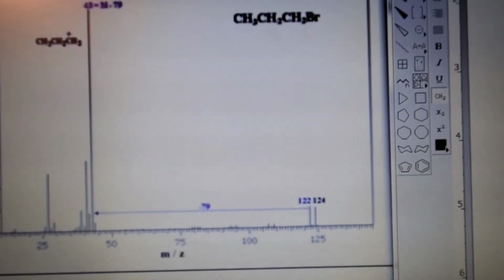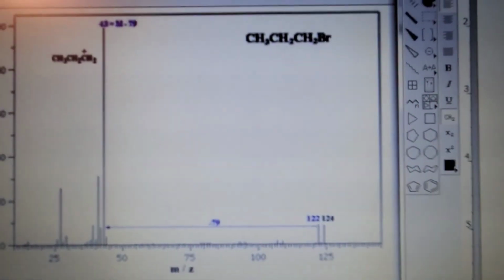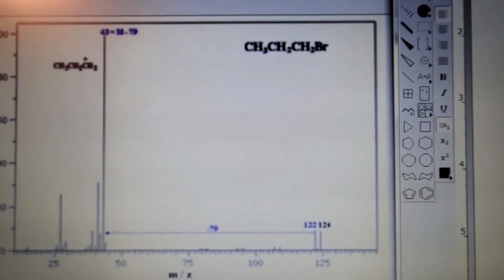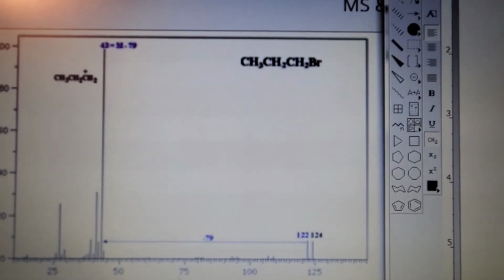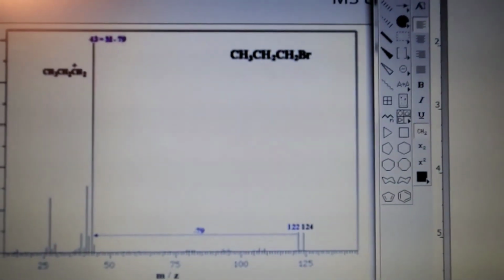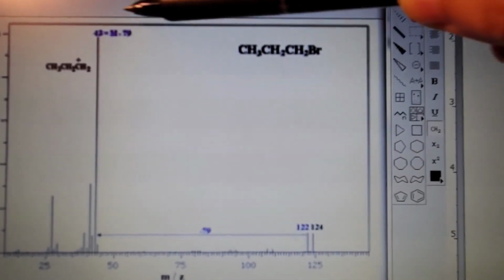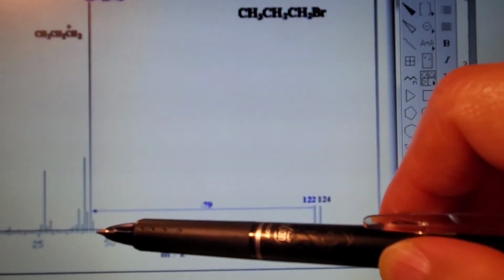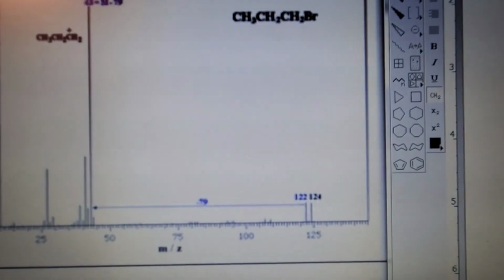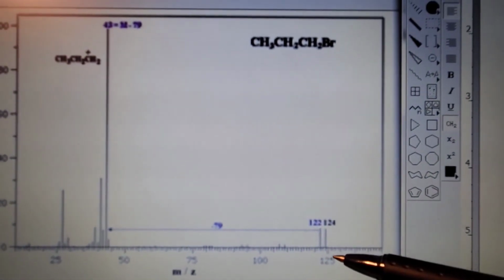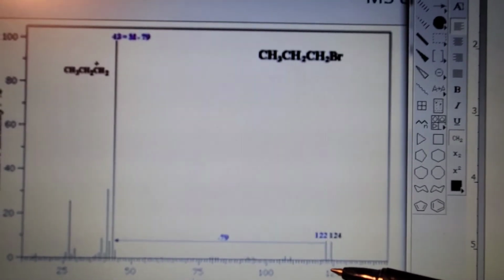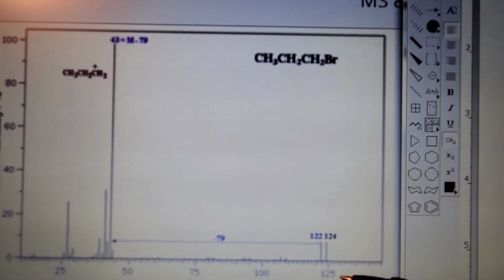But then why don't you have a twin tower here? That tells you that you lost what? Bromine. Because whatever the molecule here is after fragmenting, you don't have a bromine. That's why it's only one tower with a little isotope peak right there. That's a regular size isotope peak. The fragment or molecule that has bromine will show you a twin tower.